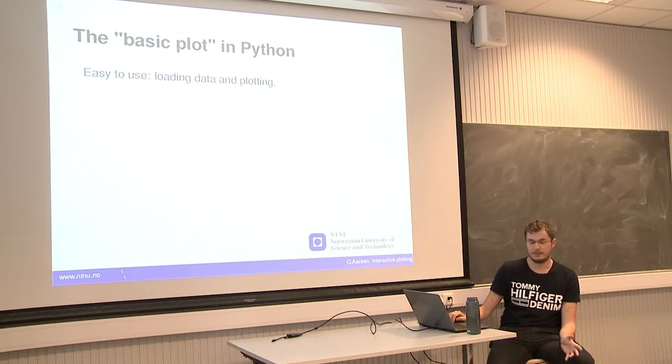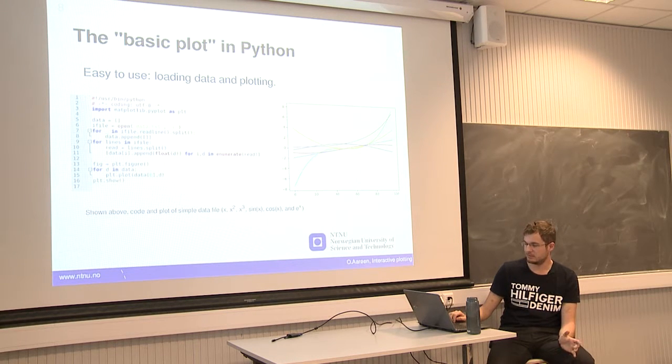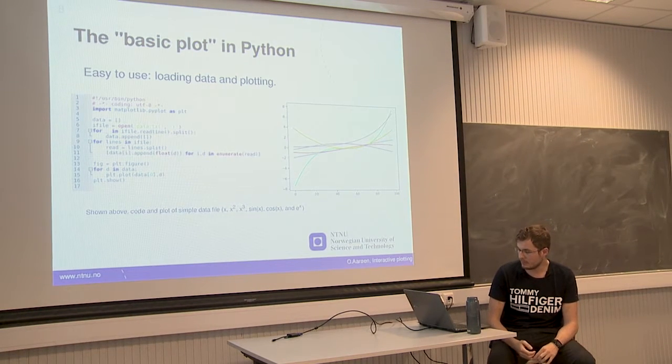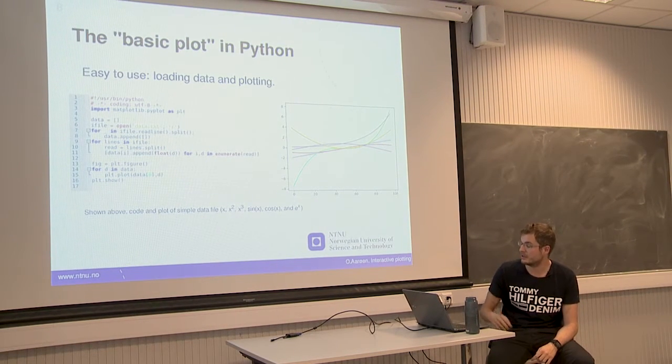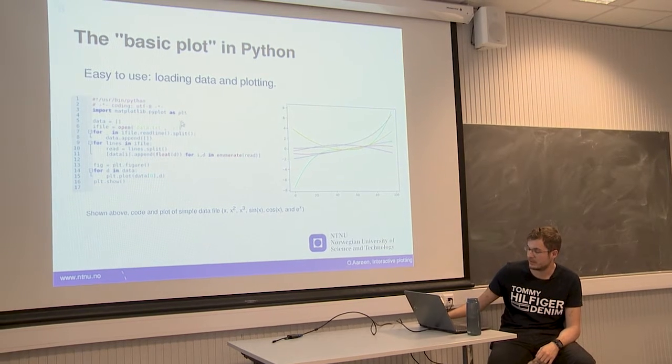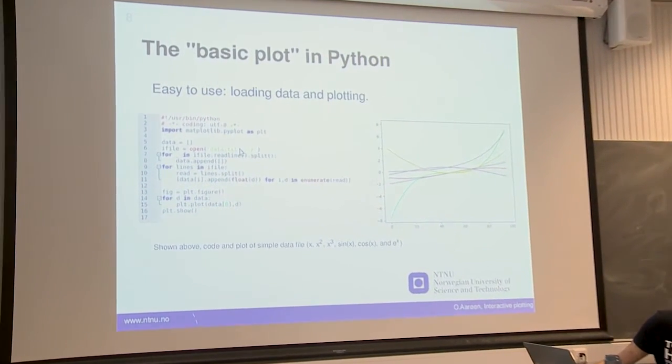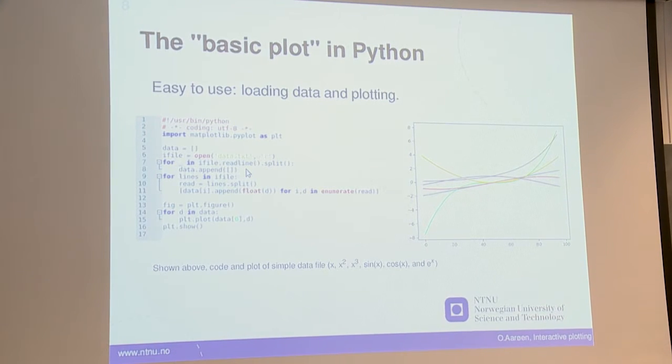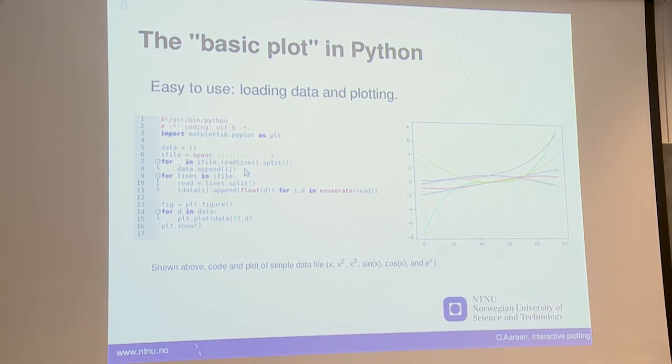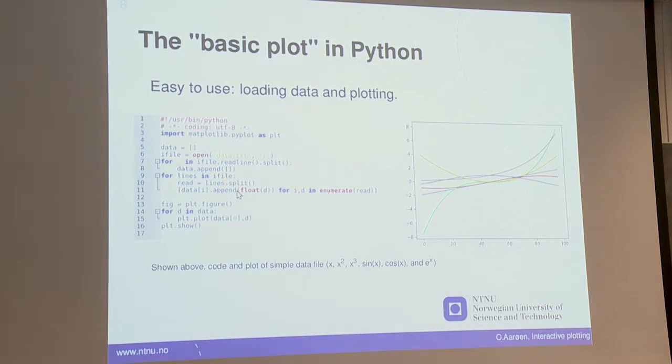So first, this basic Python plot, which looks something like this. Here I use a precompiled data file called data.txt. I've just opened it. I've read the number of lines or number of columns of data. I've read all the data in. I've specified that these are floating numbers.